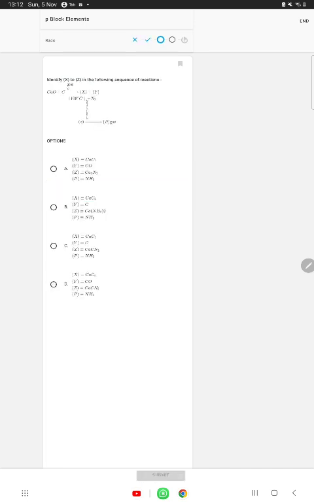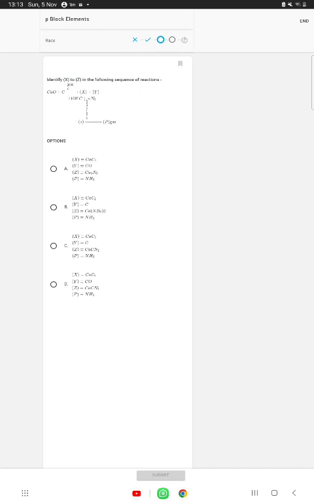Identify X to Z in the following reaction. CaO with C is giving Ca plus CO. So the first one, X, is CaC2. Okay, CaC2.